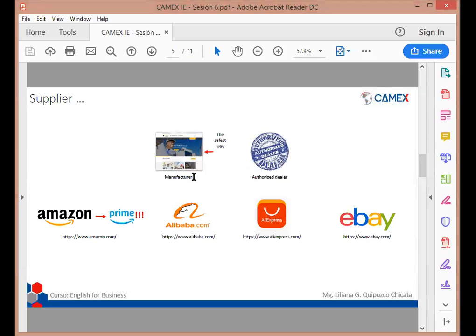We looked for one in the United States, an authorized dealer of the manufacturer, and the price that this company from the United States gave us was less than half the price. So it was less than $300.